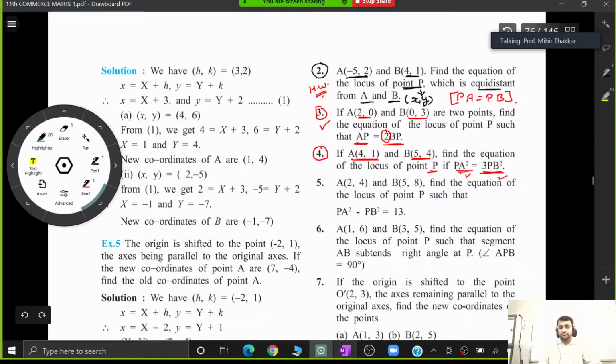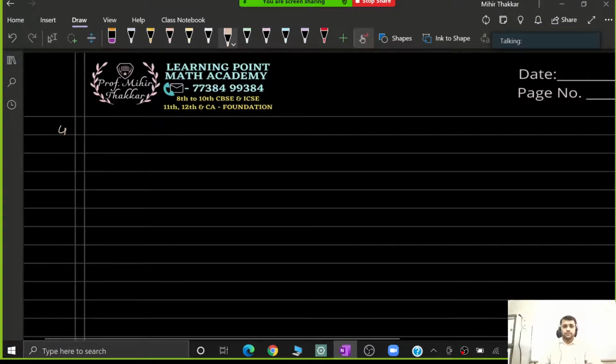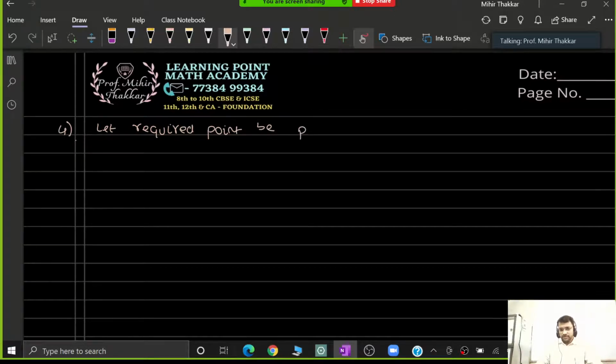Let us understand. Let the required point be P x comma y. Required point is P x comma y. We are given over here the coordinates of the point A and B.